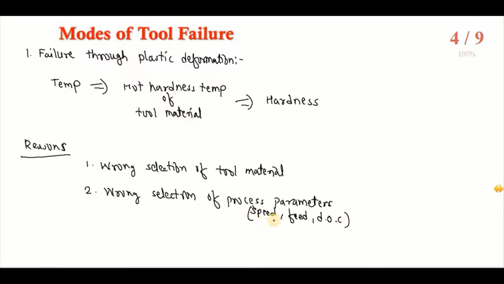If you select wrong values of these process parameters, that will give a rise in temperature, and if that rise is greater than the hot hardness temperature, the tool material will lose its hardness, and that will give failure of the tool material due to plastic deformation.